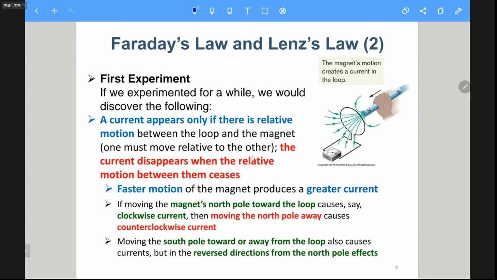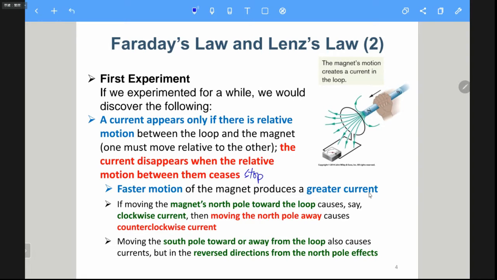The current disappears when the relative motion between them ceases. Cease means stop. Fast motion of the magnet produces greater current. If the motion is faster, then the current will be larger.